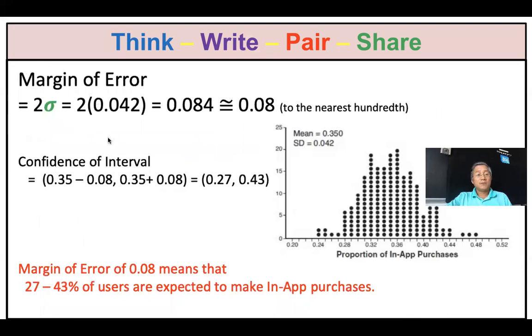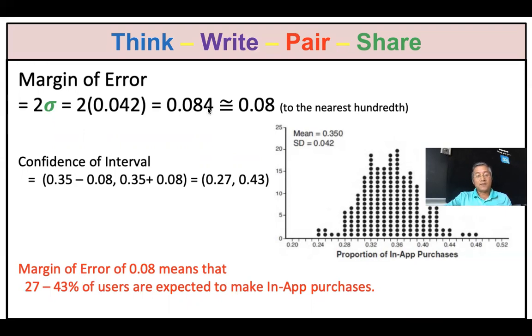The margin of error is 2 standard deviations. The standard deviation is 0.042, which is 4.2%. So the margin of error is 2 times the standard deviation, 0.042, which is 0.084. And to the nearest 100th, we round, so it will be 0.08.